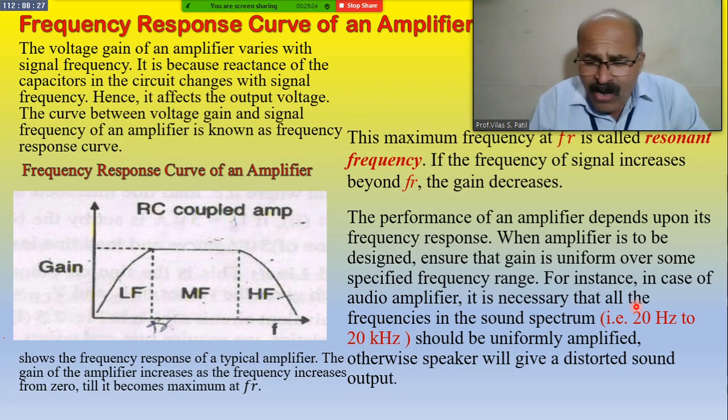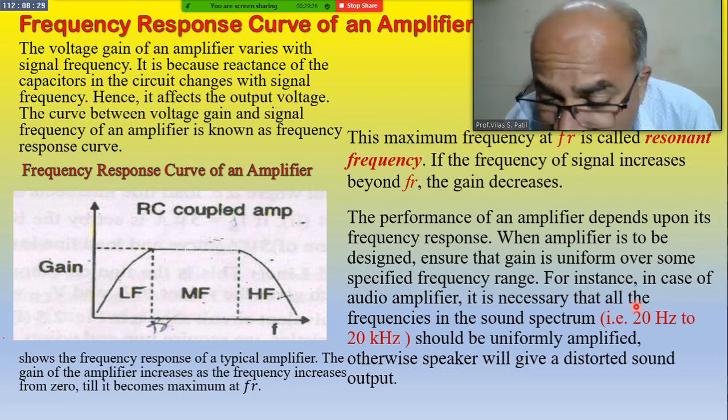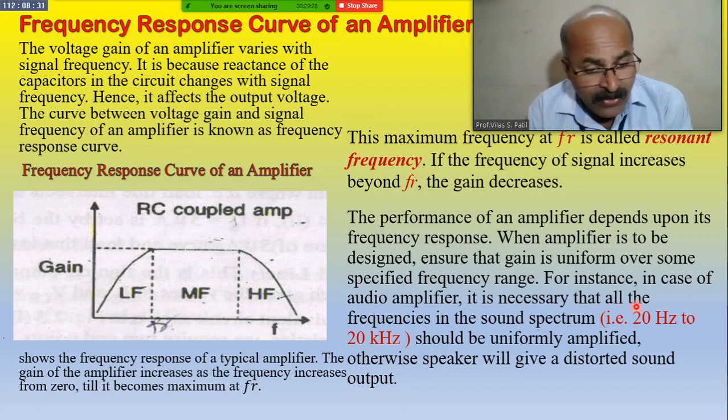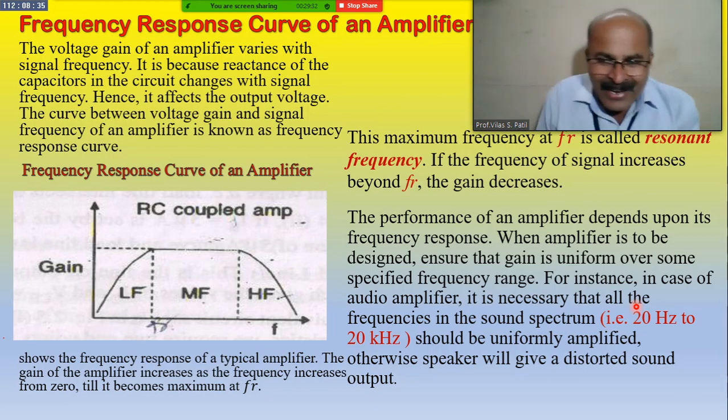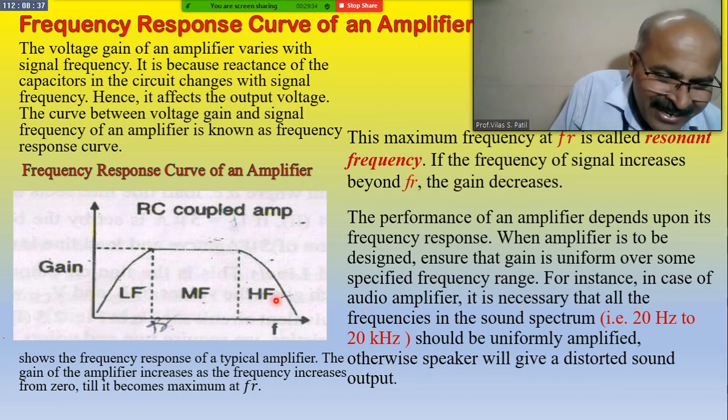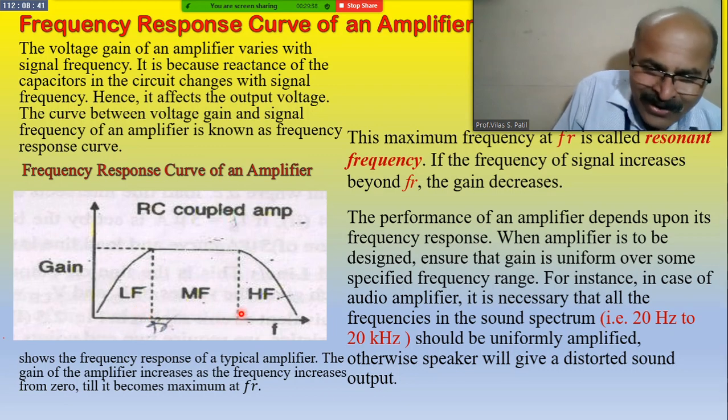It is necessary that all the frequencies of the sound spectrum, that is 20 hertz to 20 kilohertz, should be uniformly amplified. This is the 20 hertz, and this is the 20 kilohertz.